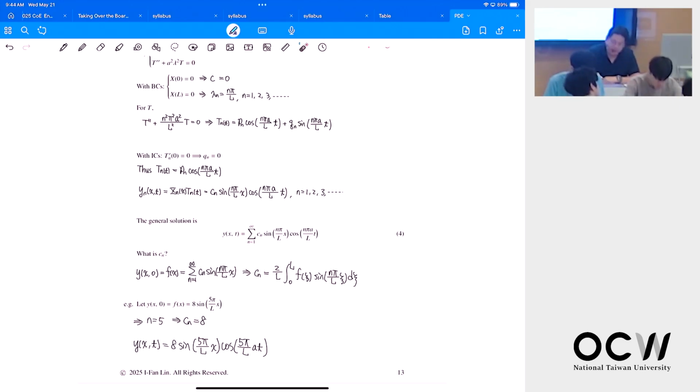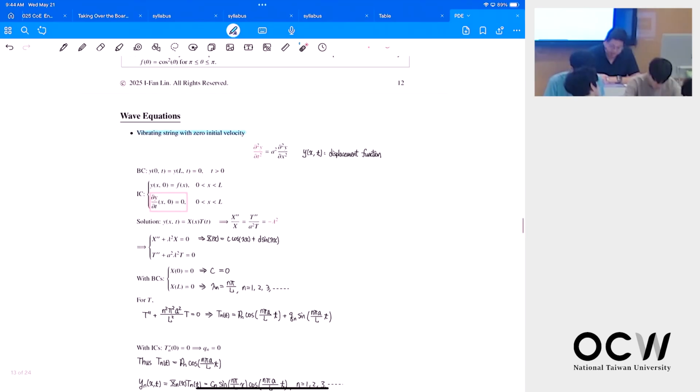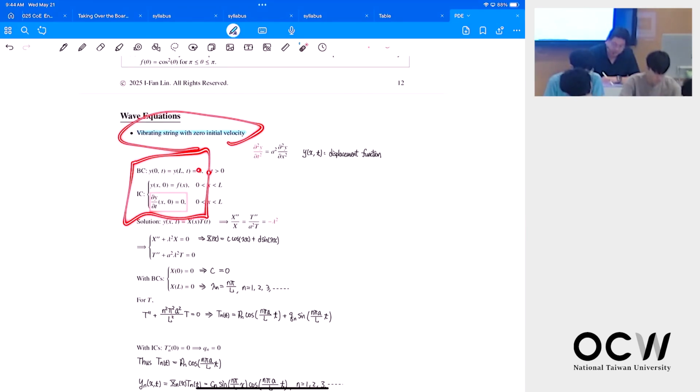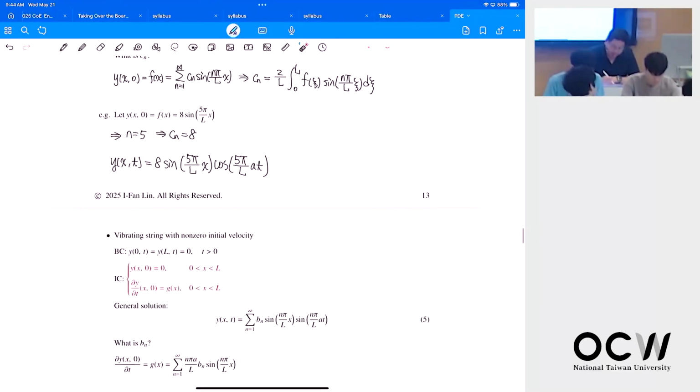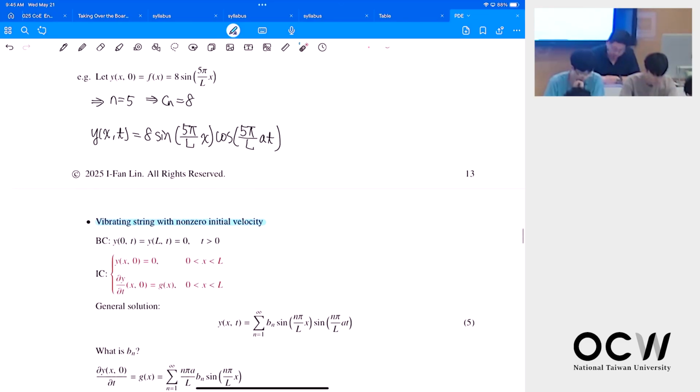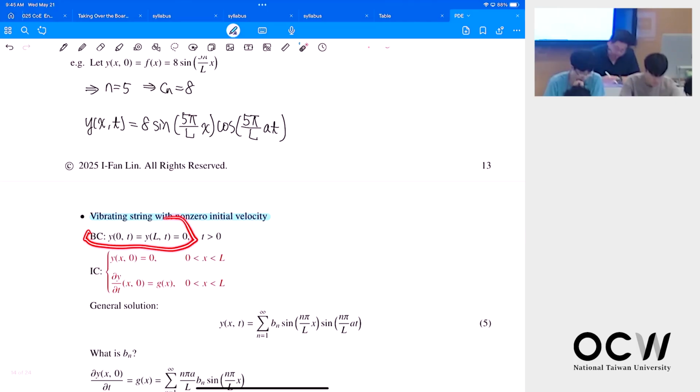But every time you have a different type, so you have a different form of your boundary conditions and initial conditions. Like the next one is vibrating string with non-zero initial velocity. So here the initial velocity is not zero. In this case, we know the boundary condition, initial condition.